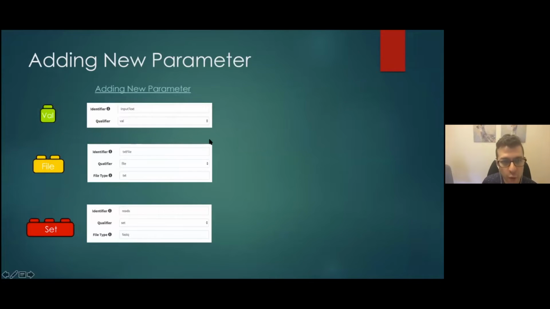So let's talk about those fields. The identifier is really straightforward. You just give a name for those parameters. And you're going to choose the qualifier. Again, this means choosing the building block that we are talking about. You can choose val, file, or set.